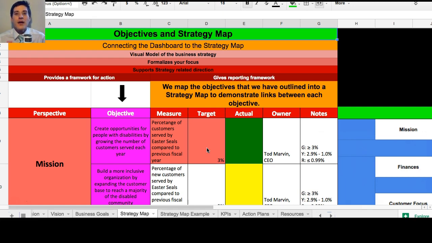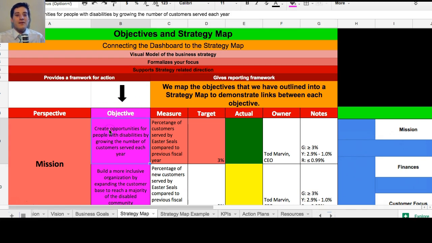What we do when we have our objectives is then map them into our strategy, and that's what this lecture is going to be about. So we have our objectives and strategy map, and we're going to connect these to the dashboard. The strategy map is a visual model of the business strategy, and it formalizes our focus and supports our strategy-related direction.